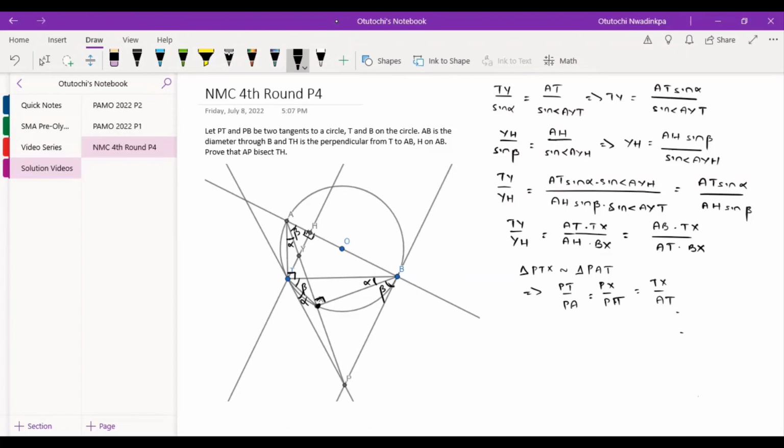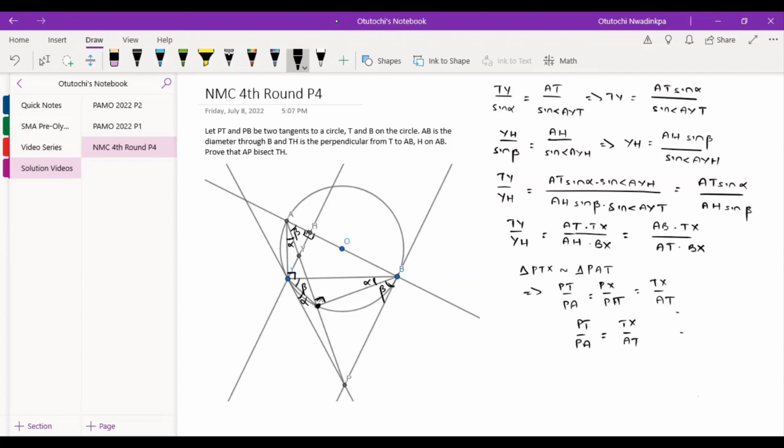But what is actually of interest to us is the fact that PT over PA is equal to TX over AT. Or we can rephrase this as PT over TA.